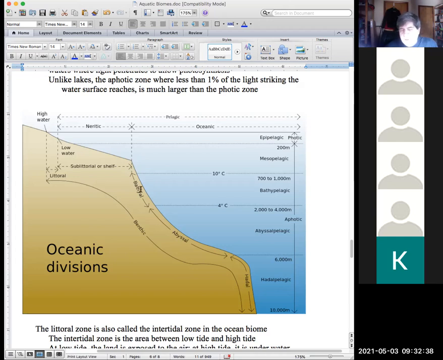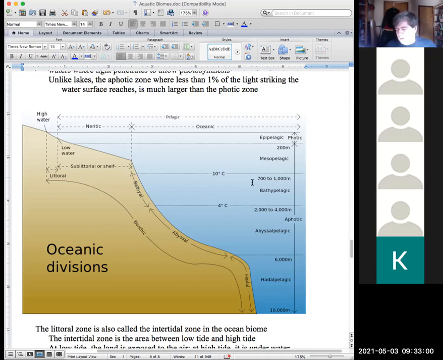And if we look at the benthic zone here, it's sometimes divided into three different areas. There's the bathyal zone, which extends from about 1,000 meters to about 4,000 meters under the surface of the water.